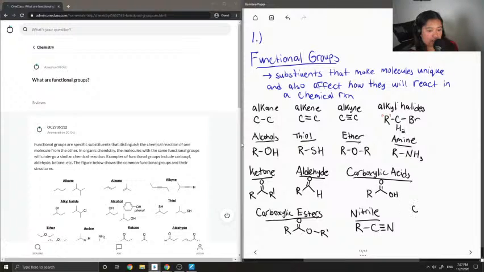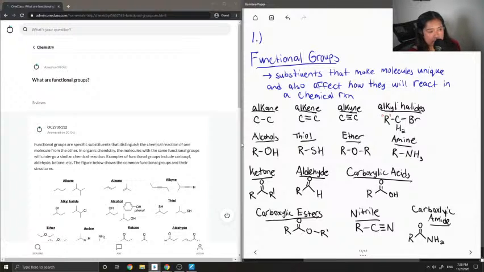And then lastly, you can have like a carboxylic amide. And as you can guess, it's kind of similar like a carboxylic acid, where you have a double bonded O, but instead of the alcohol group, it's going to be an amide at the end. So these are all the different main functional groups that you can have in an organic molecule.